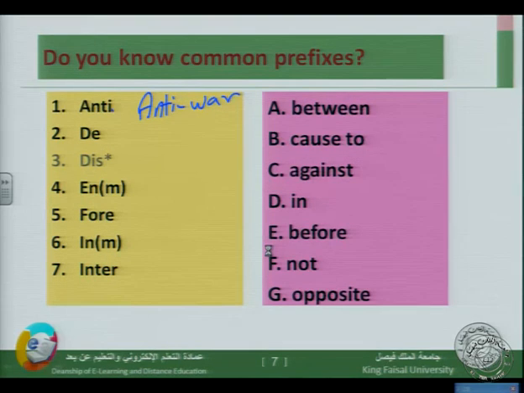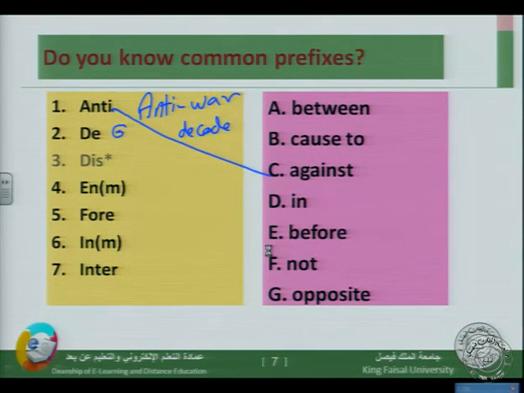Anti means against war. It is C. Dis means the opposite, like the word decode.